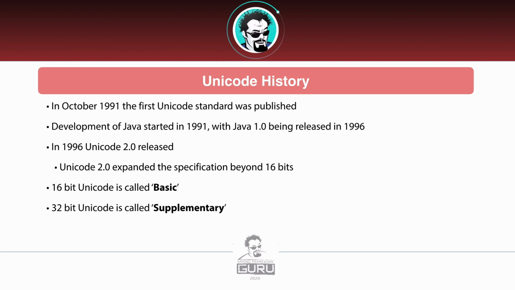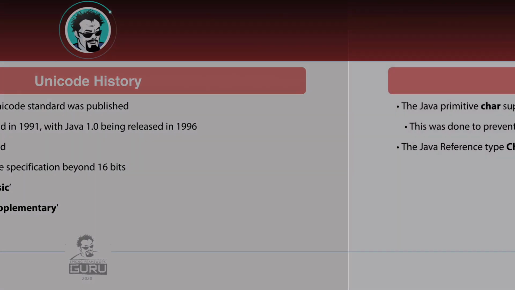Coincidentally, Unicode 2.0 was also released in 1996, and that 2.0 release expanded the specification beyond the 16 bits. So Java was already down the path of being developed and getting out there, and then we expanded this out to 32 bits. Important to remember that the 16-bit Unicode is called basic, and then the 32-bit is called supplementary.